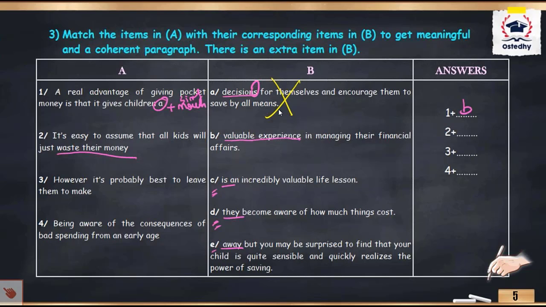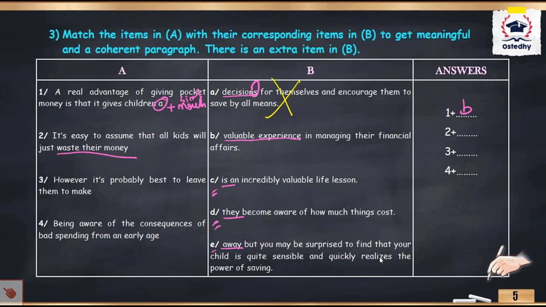So it's easy to assume that all kids will just waste their money. Valuable experience, it's impossible. Is an incredibly valuable life lesson? Impossible. They become aware of how much things cost. I think impossible. Then away, but you may be surprised to find that your child is quite sensible and realizes the power of saving.